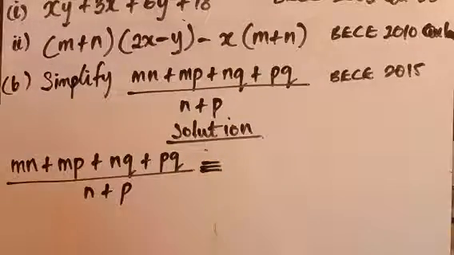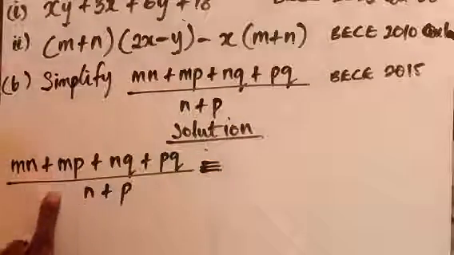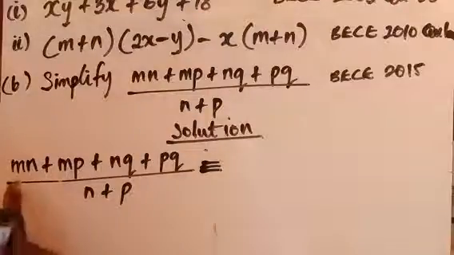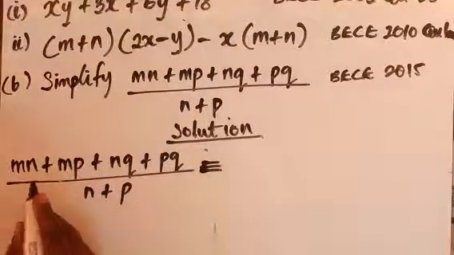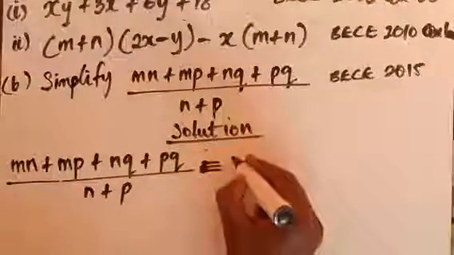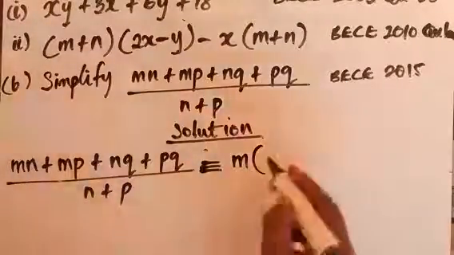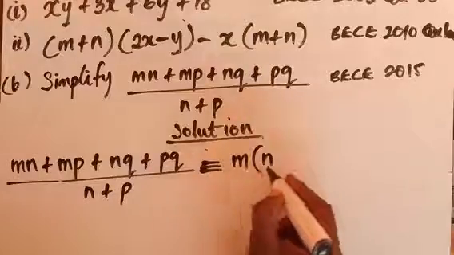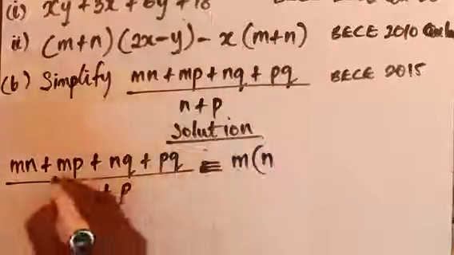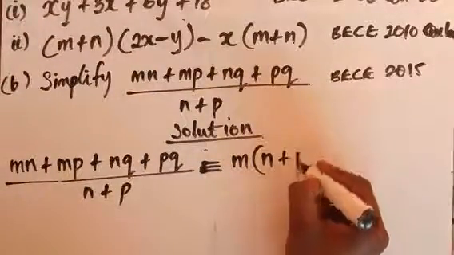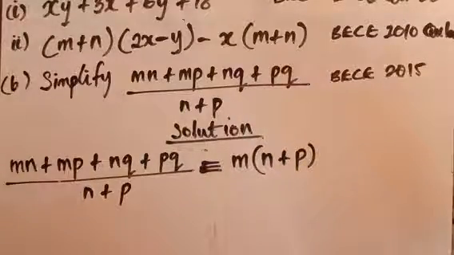Good. I've got mn, mp. The common term here is m. If m is out, m into mn, I'm left with n. And m into mp will give me plus p. So we've gotten the first part.